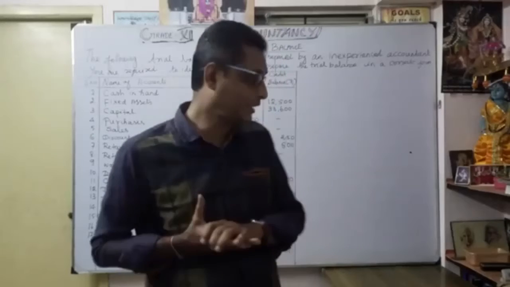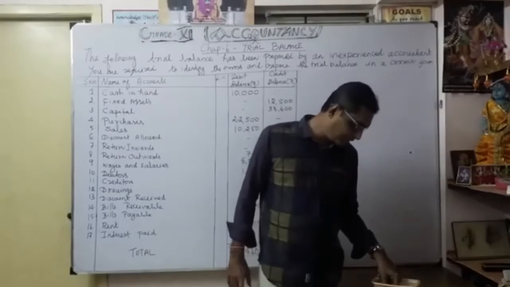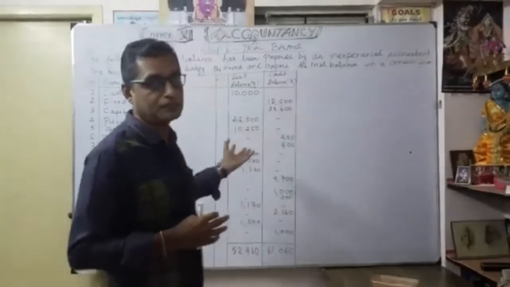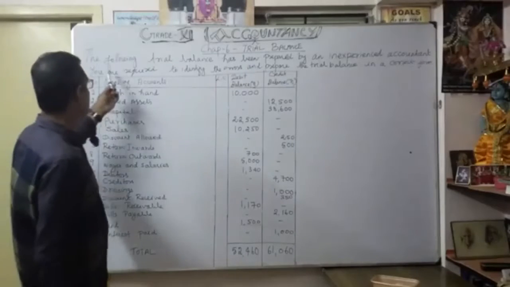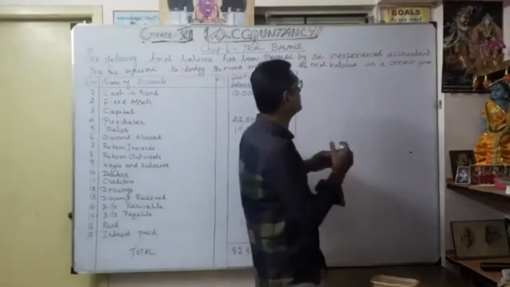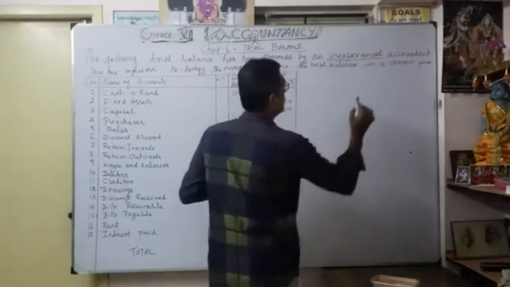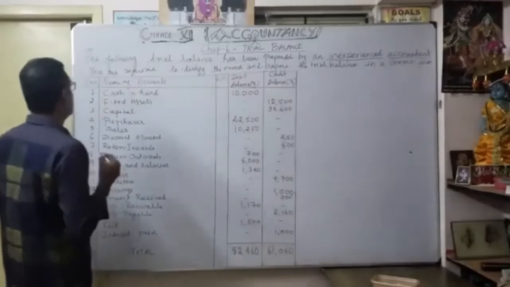Now let's see once again one example here. What do they describe here? Then you will see how the trial balance is going to be rectified. See here: the following trial balance has been prepared by an inexperienced accountant. Why do we say inexperienced accountant?